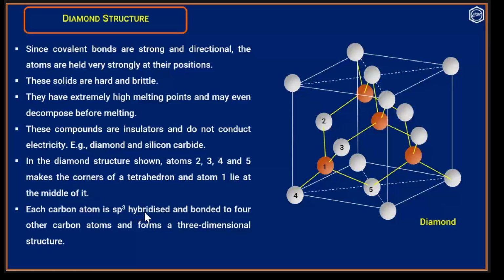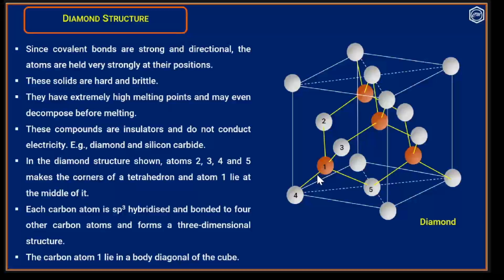Each carbon atom is sp3 hybridized and bonded to 4 other carbon atoms and forms a 3-dimensional structure. So even though this appears to be not connected, all the carbon atoms are connected to 4 other carbon atoms. And these lines show the boundary of the crystal lattice.